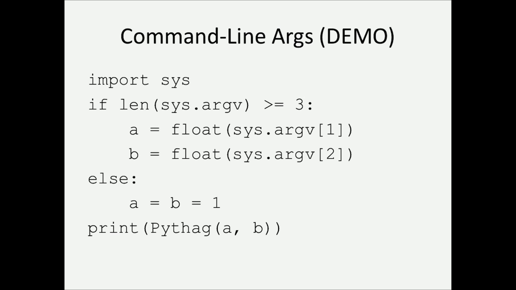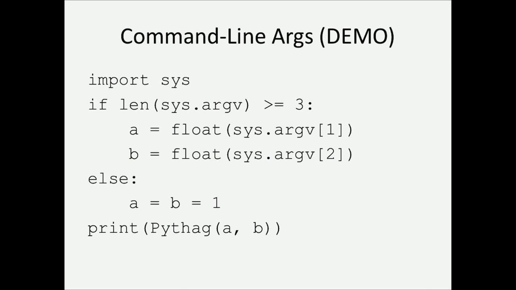If there are fewer than 3 arguments, then we're just going to arbitrarily set a and b to 1 and run Pythag on that. But if there are 3 arguments total, meaning we have the name followed by the 2 pieces of data we're going to pass to it, then we can pass those to a and b and run our function on that.